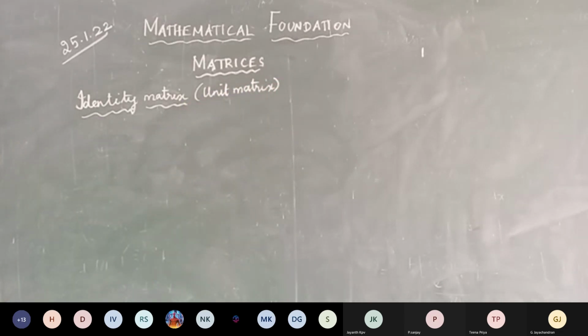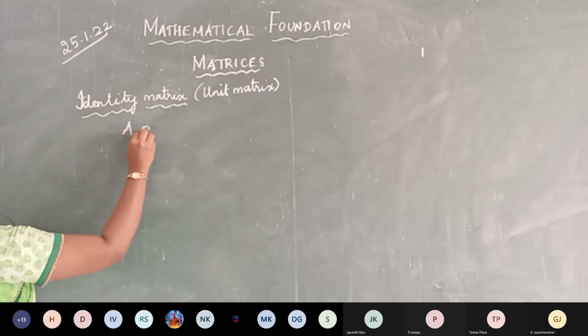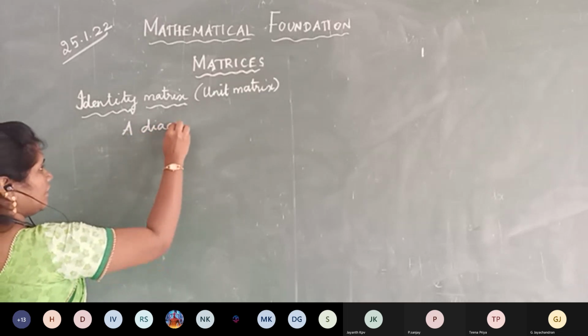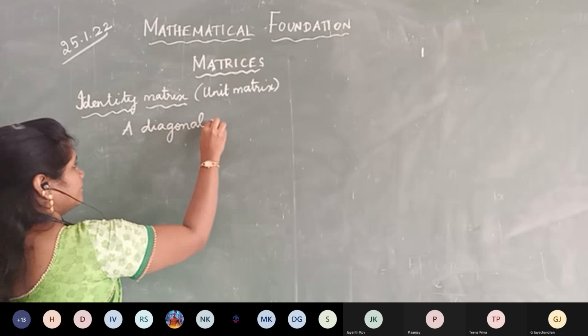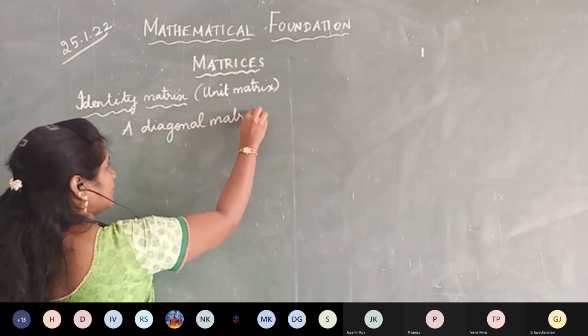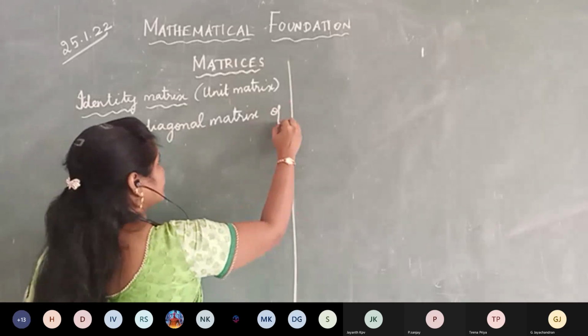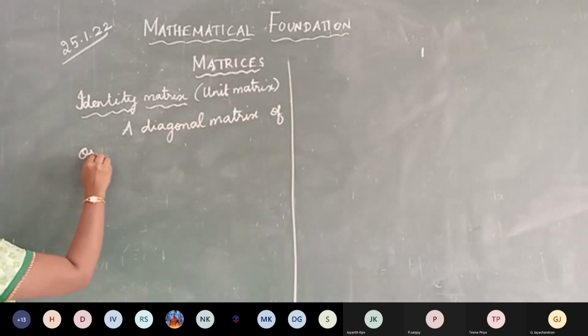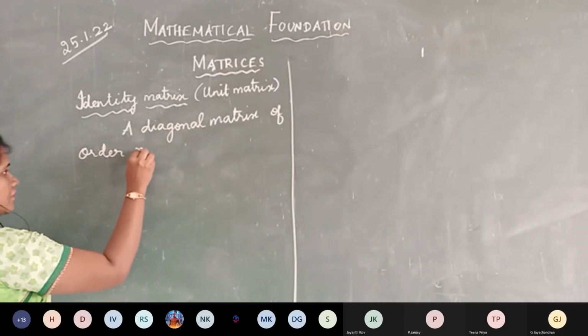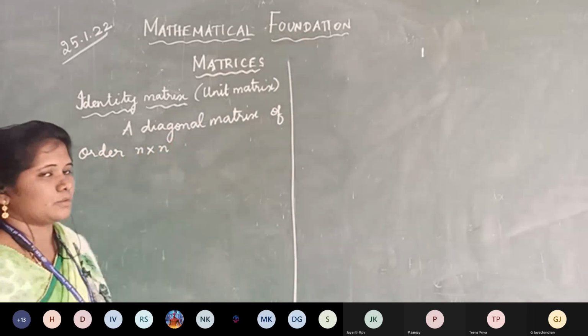A diagonal matrix of order n cross n. N cross n means that it is a square matrix.